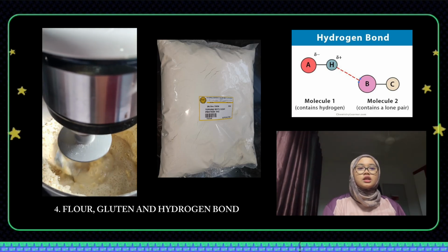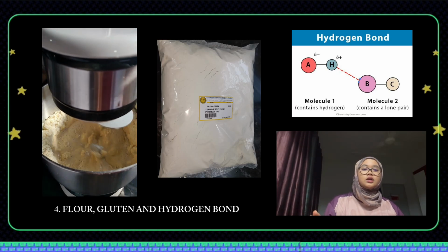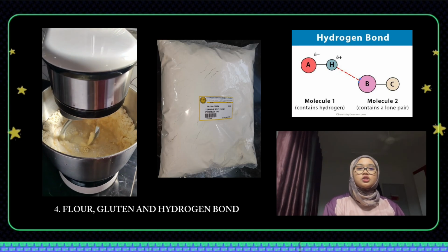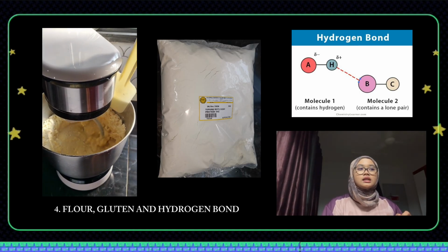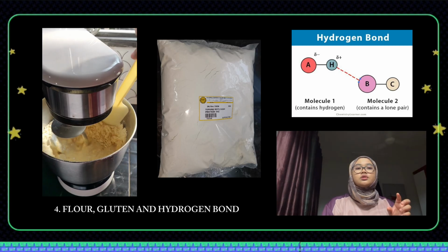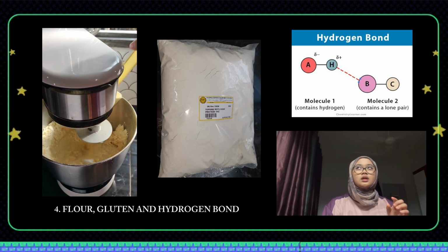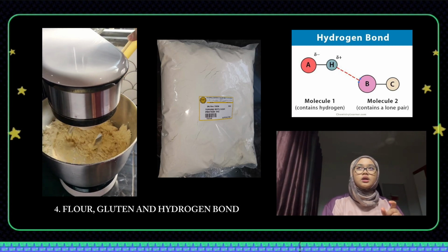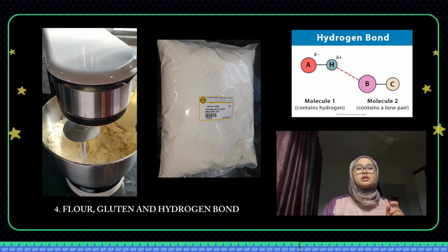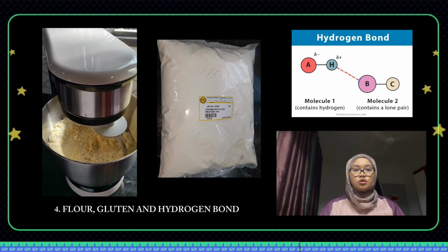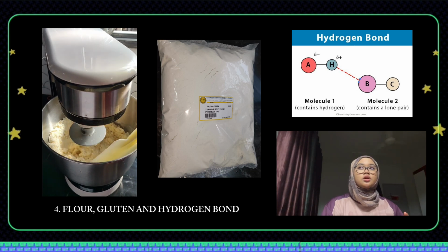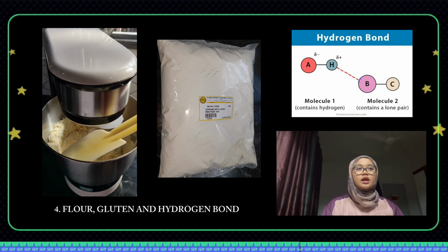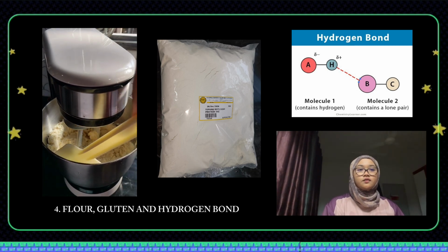You can stretch it into a long shape or a small shape, and you can also cut it into small pieces, which makes it elastic. And if you chew it, you can taste that the texture is not too solid and not too soft, which is chewy. That is what makes it possible to knead the dough into different shapes.